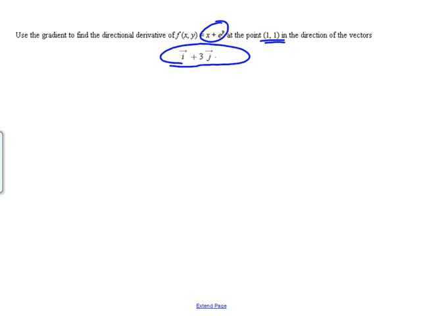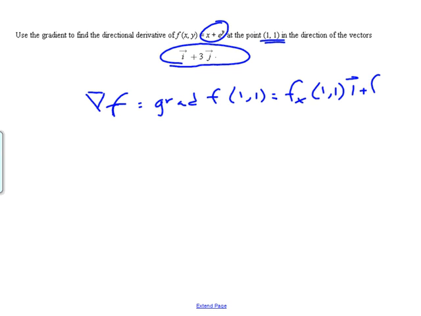Well, we know that del f or grad f at the point (1, 1) equals, well, we've already done this problem, but we can do it again. The partial derivative with respect to x is just 1, and the partial derivative with respect to y is e to the y evaluated at 1, so plus e j. So that's grad f.